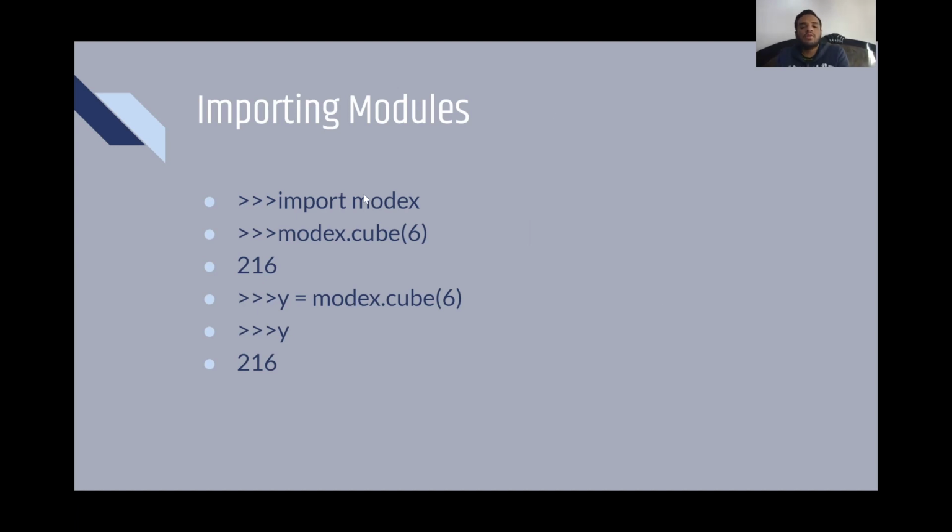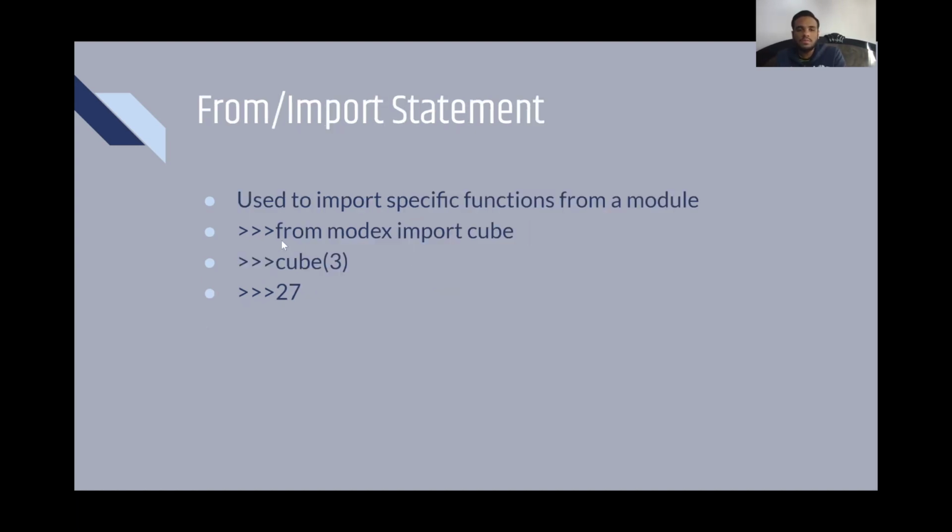Python knows what modx is because it's pre-built code in the Python interpreter. All we have to do as the programmer writing the code is just say the word import. Same thing with this one: we can use the from statement, right? From modx import cube, to find the cube of 3.